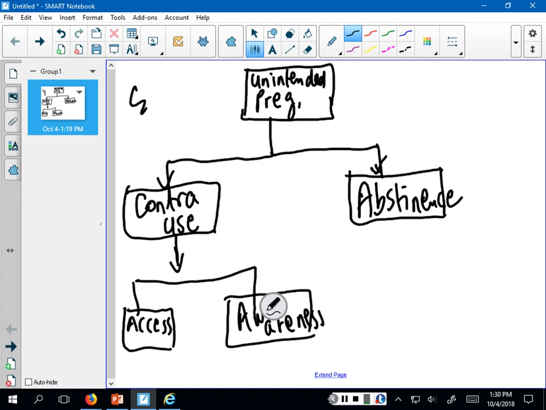Okay. So now we've identified two direct contributing factors for the determinant of contraception use. Okay.